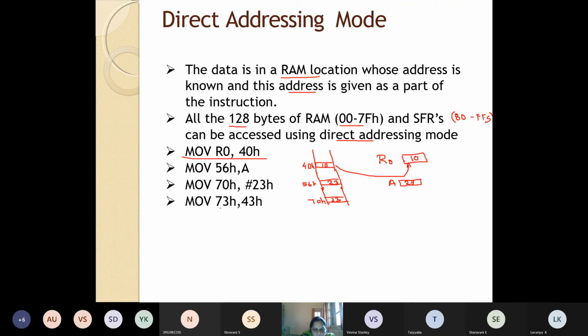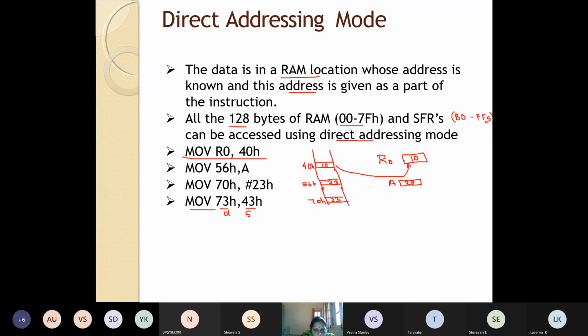Last, I have MOV 73H, 43H. Here I have one address and another address, where the first is the destination and the second is the source. This move instruction copies the content of memory location 43 to memory location 73. It is a direct memory to memory transfer; the internal RAM direct transfer is possible.